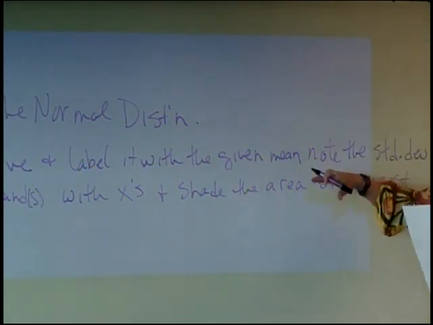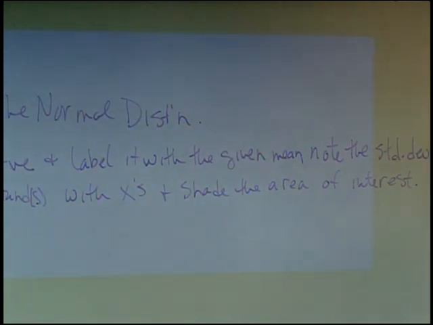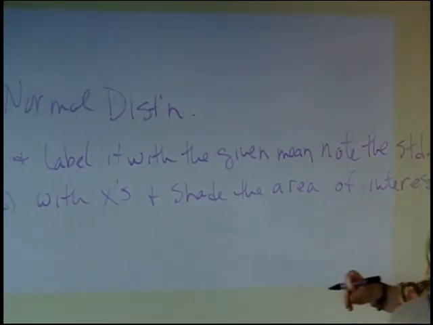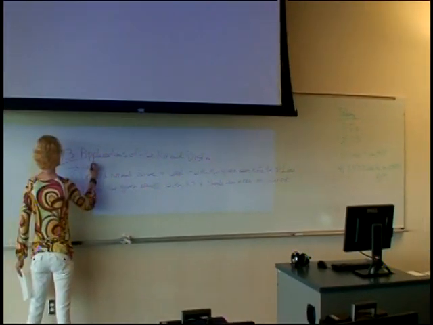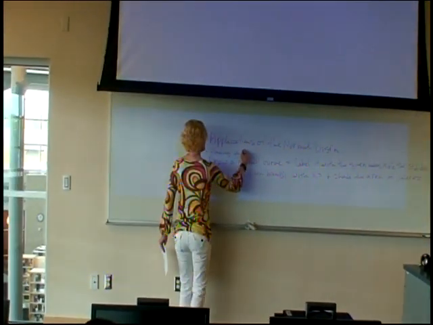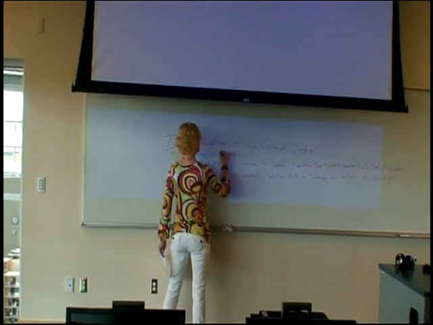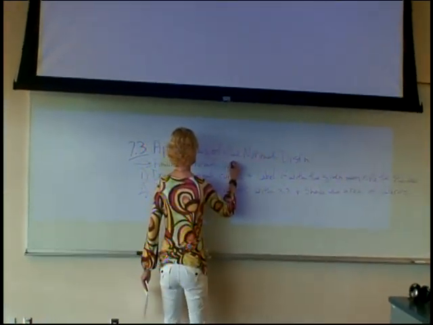So our first goal here is finding a probability, so maybe we should note that: finding a normal probability.